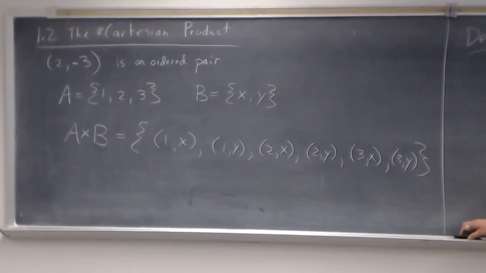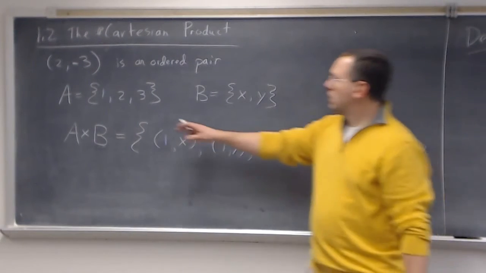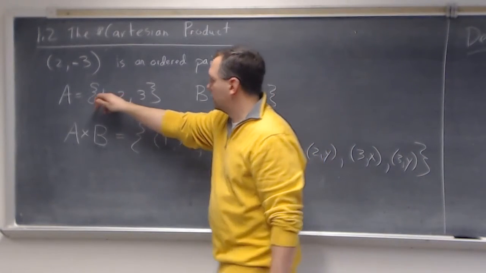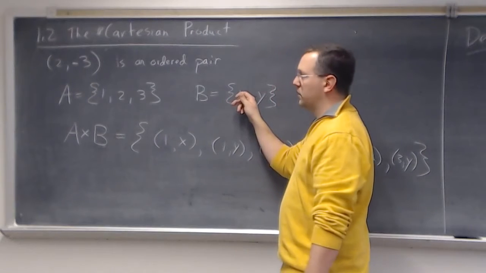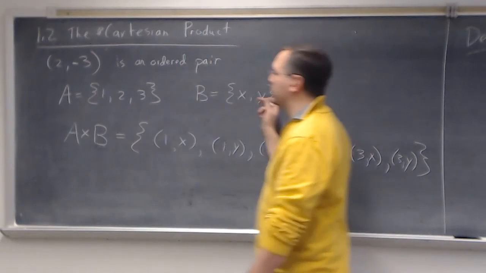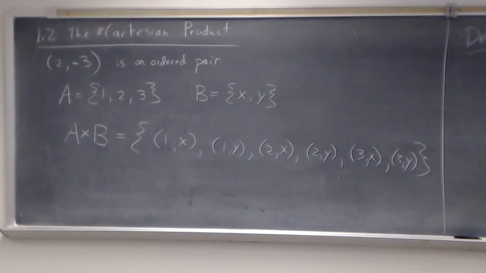Cardinality of A and B. Yeah, if you take one of these elements and one of these elements, you make an ordered pair. So how many can you have? You have 3 times 2.